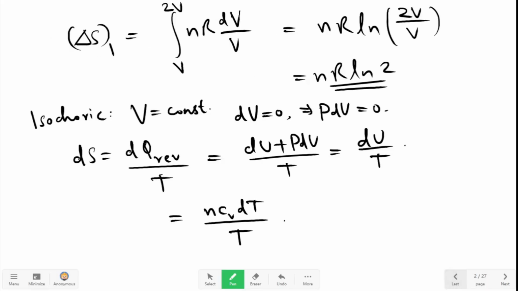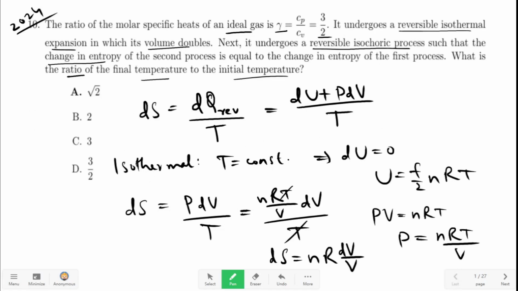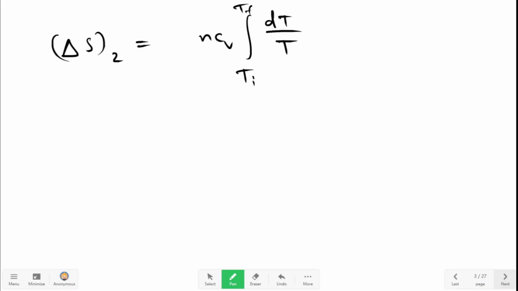In the first process, which is isothermal process, the temperature will not change, because temperature is constant. Now in the second process, we have change in entropy is equal to nCv ln Tf upon Ti.